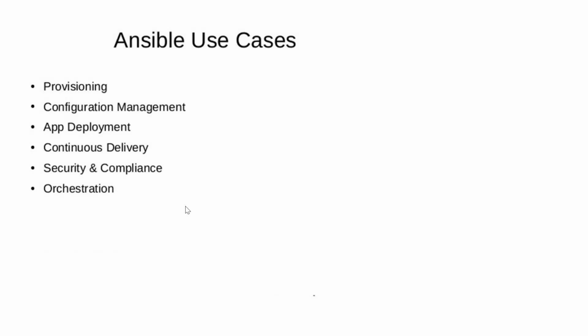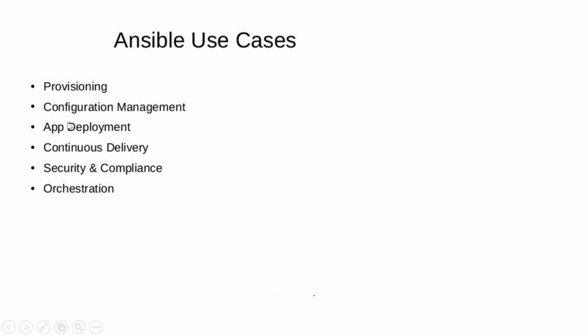It has the capability of provisioning infrastructure, but we won't use it for that. Instead, we only use Ansible for configuration purposes, and we use Terraform for provisioning the infrastructure. So Terraform is good in that area, and Ansible is good in the configuration management area. It is good at configuration managing the servers.